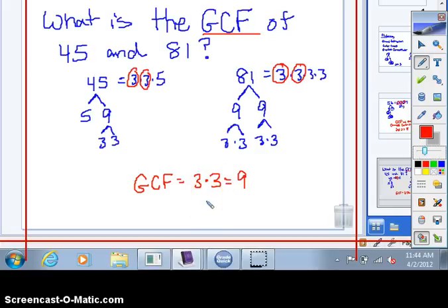The dot represents your multiplication. The greatest common factor, it's the largest number of common factors. How many prime factors do we have that they share? They share a 3 and a 3 and then another set of 3s. If they don't share it, then we can't count it.